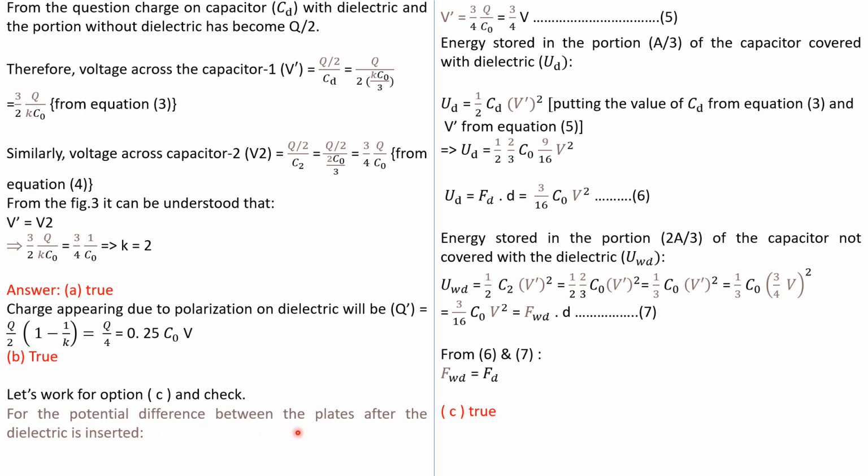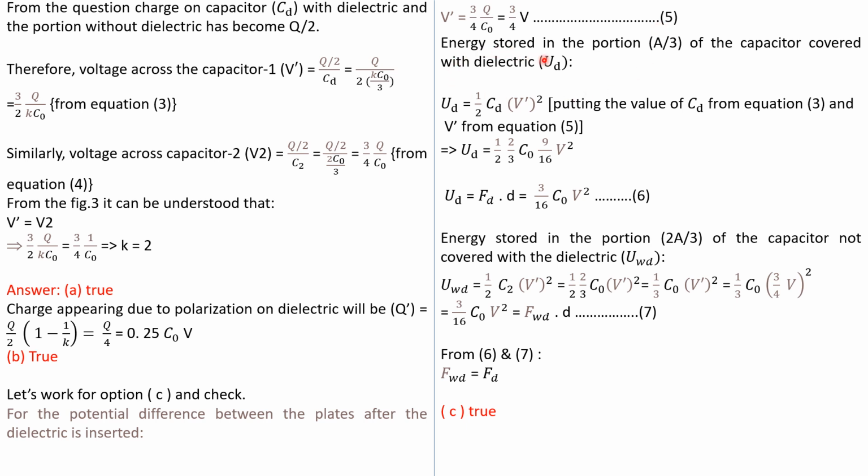The potential difference between the plates after the dielectric is inserted, V dash, is equal to 3 by 4 Q by C naught. Q by C naught is V, so you can write 3 by 4 times V. This is equation number 5.